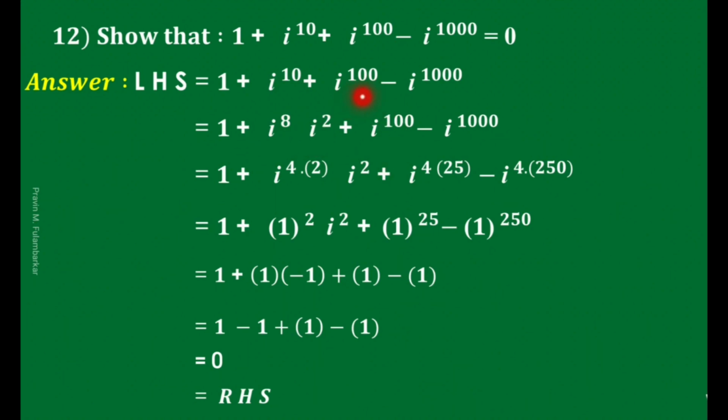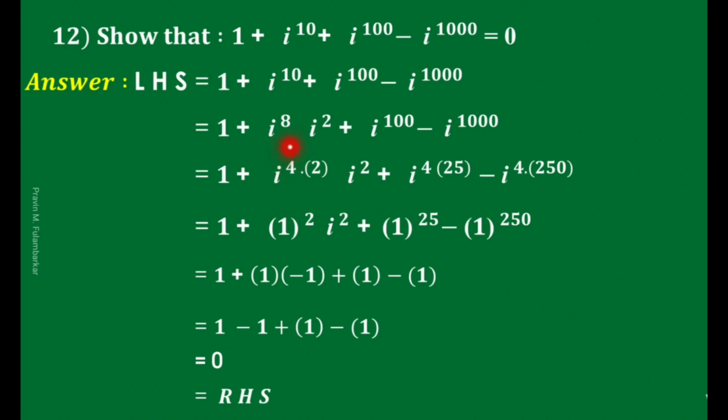We write i raised to the power 100 as it is, because we know 25 fours are 100. We can directly split up 1000, because 250 fours are 1000. So we split up only i raised to the power 10 as i raised to the power 8 into i square.